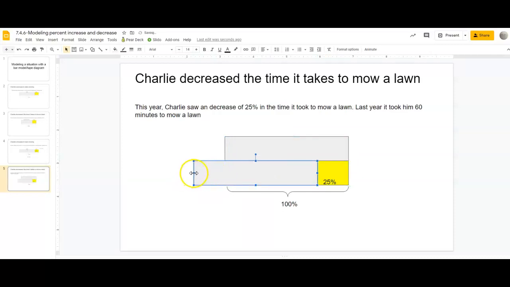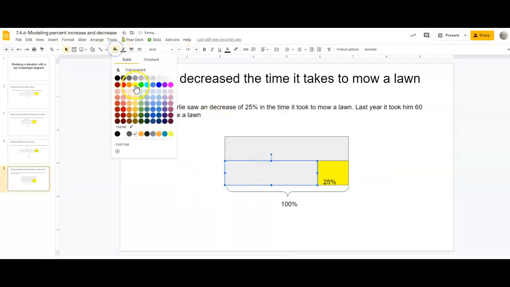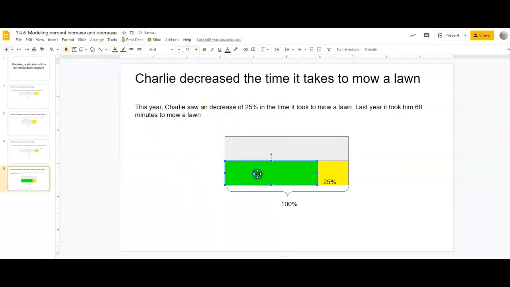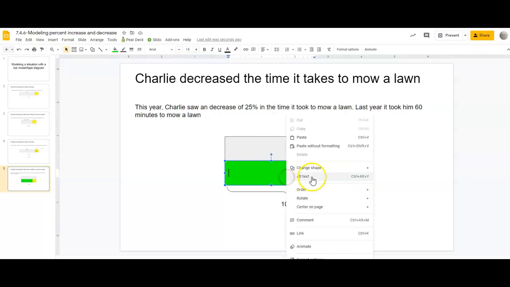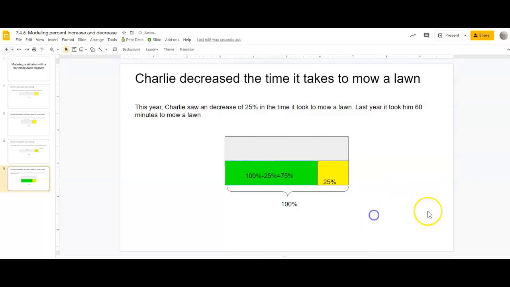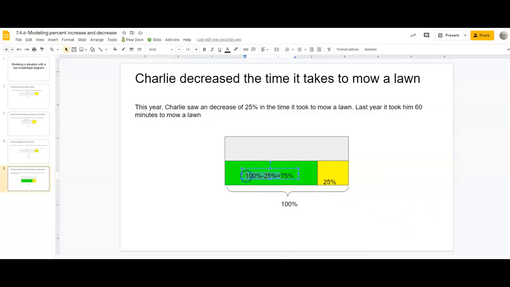I'm going to pull this down like this, and let's change this color so that it's something else. And then I'm going to send it to the back so that my stuff shows up. Okay. So this is my 75%, and this is my 25%, and this is my 100%.